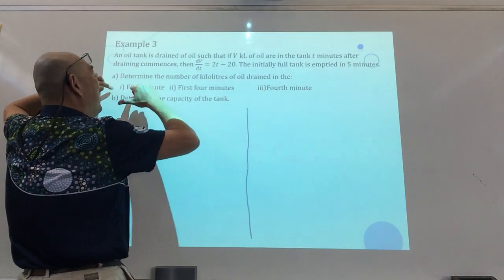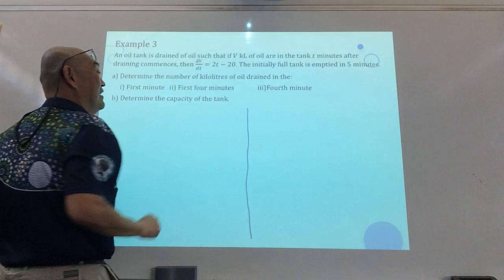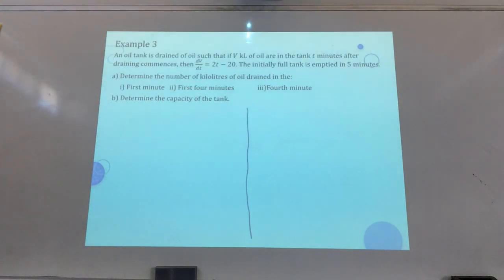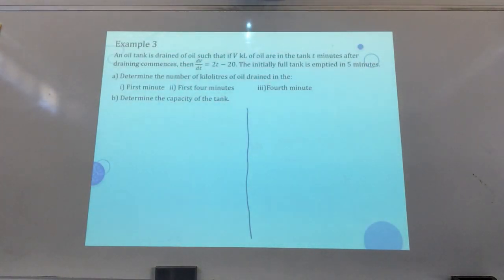So if you could integrate for the first minute, the 4th minute, and so on: the 4th minute is 3 to 4, the first minute is 0 to 1. That's 0 to 1, 1 to 2, 2 to 3, 3 to 4. Make sure that you understand how I worked out between 3 and 4.